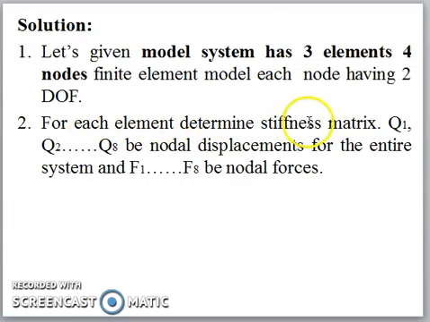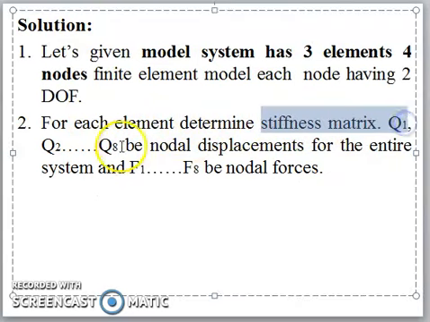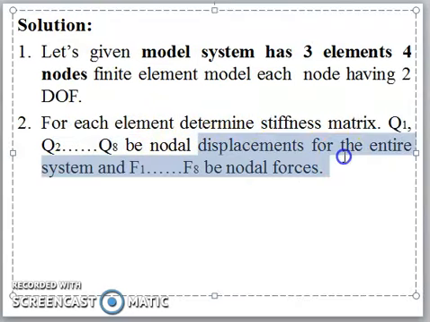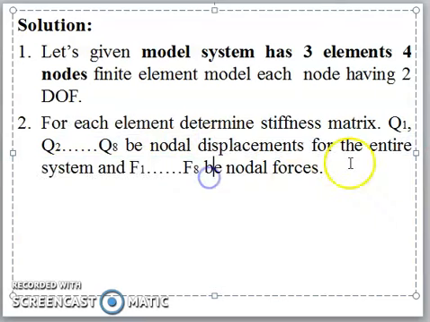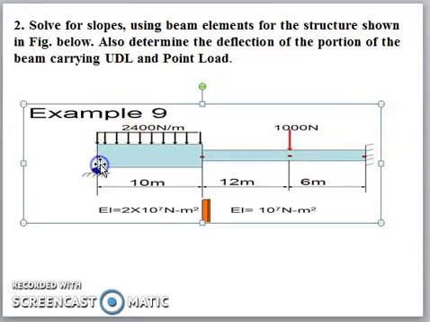For each element, determine the stiffness matrix with Q1 to Q8 and the nodal forces F1 to F8. See here, Q1, Q2, Q3, Q4, Q5, Q6, Q7, Q8 are the displacements at all the 4 nodes.